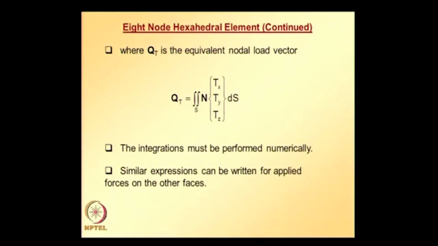So, we looked at how to get the element stiffness matrix for the 8 node hexahedral element, and also how to evaluate equivalent nodal force vectors. With this we can assemble the element stiffness matrix for each of the elements in the finite element discretization for the particular 3 dimensional elasticity problem, and we can also assemble the equivalent nodal load vectors for the particular loading.